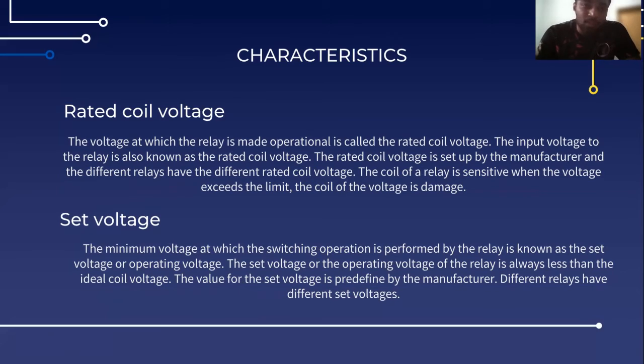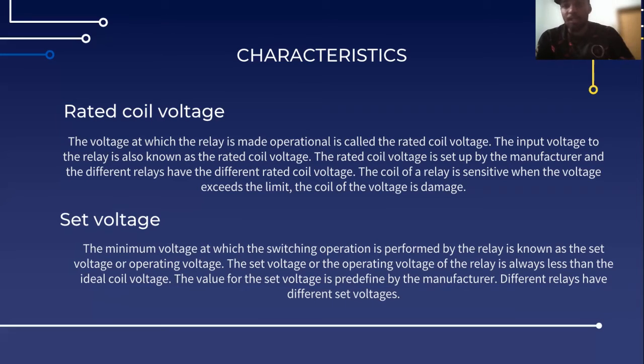Next, set voltage. The minimum voltage at which the switching operation is performed by the relay is also known as the set voltage or operating voltage. The set voltage or the operating voltage of the relay is always less than the rated coil voltage. The set voltage is defined by the manufacturer.